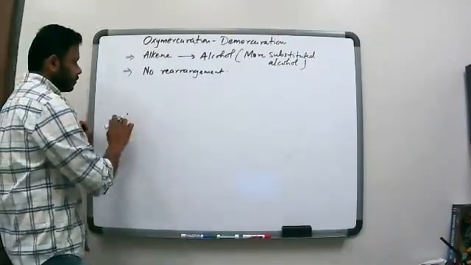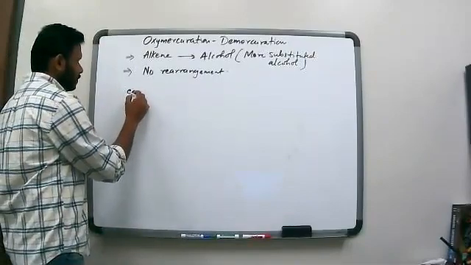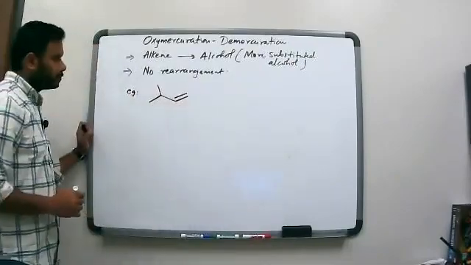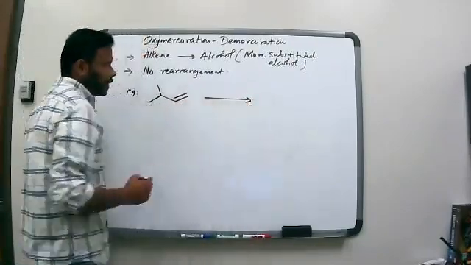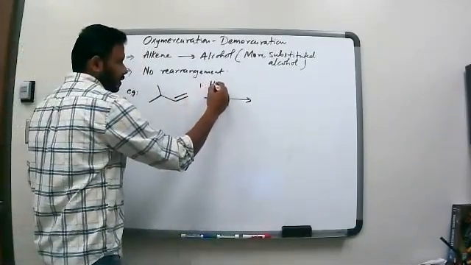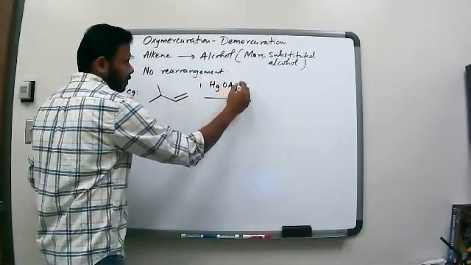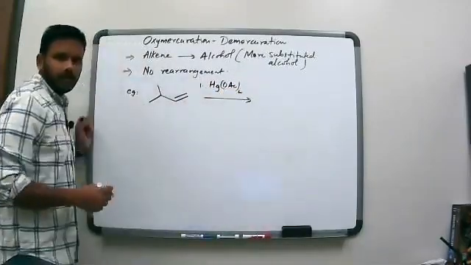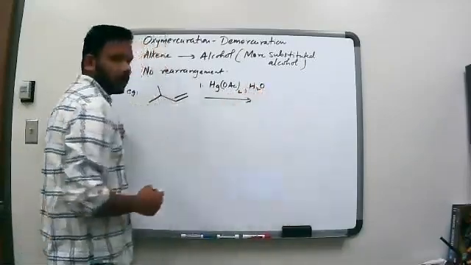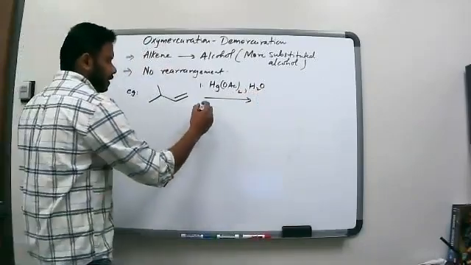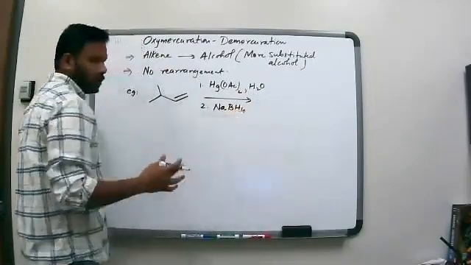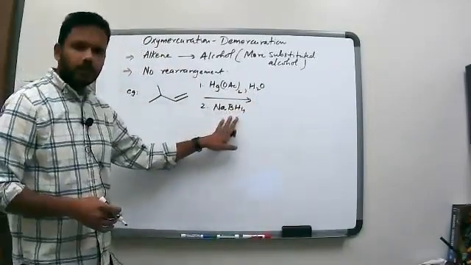Okay, so an example for this reaction is, say we have this alkene. This reaction is done in two steps. In the first step, you react your alkene with mercuric acetate, the reagent that we're using here, in water as a solvent. In the second step, you reduce an intermediate that's formed by using sodium borohydride.